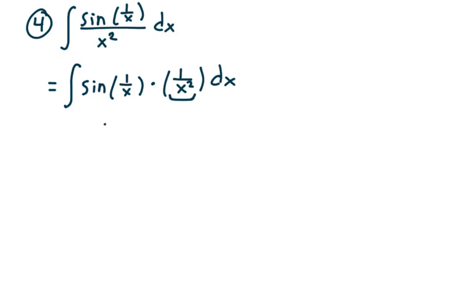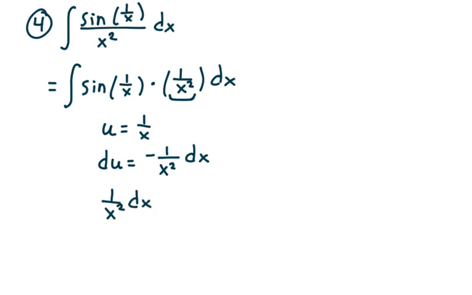So, I'm going to let u equal 1 over x. And so du is negative 1 over x squared dx. Solving for 1 over x squared dx, I get negative du. And so this is negative the integral of sine of u du.